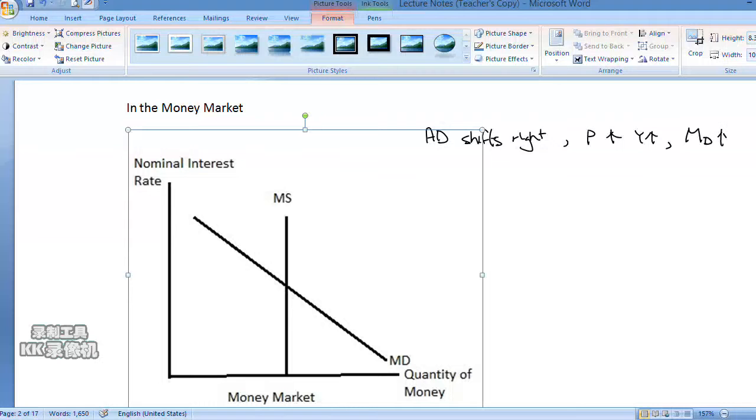As nominal GDP increases, consumers are going to demand more money for transactions. So what happened in the money market is money demand will shift to the right. And this is consistent with what we see in the loanable funds market. Interest rate is going to go up.